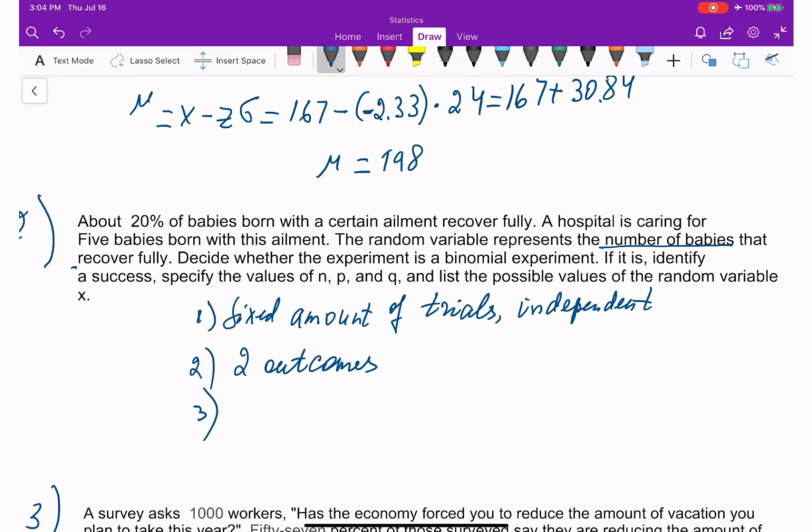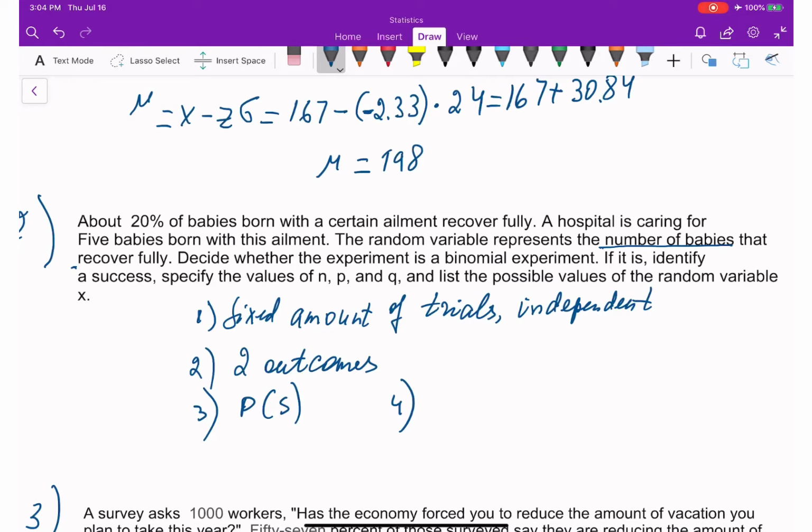Number 3. The probability of success is the same from trial to trial, and that's because the trials are independent. 20% of babies. If this baby survives, it has nothing to do with the other baby. So yes, we have a probability of success. And number 4, there is a random variable x that counts the number of successful trials.